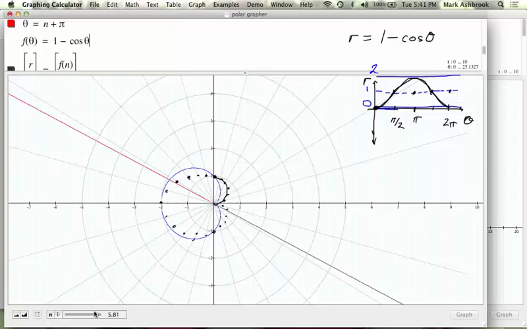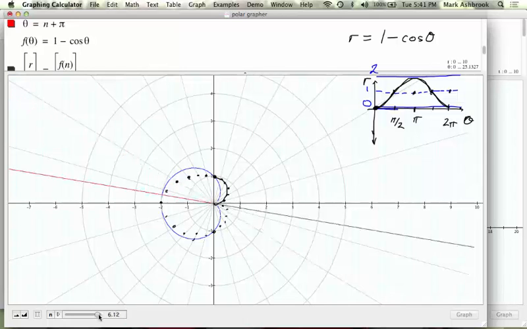So the right idea, but wrong points. Trust me, if you do what I did, that's 100%, okay? So you see what happens. It went out to 1 in the first quadrant, then out to 2 when theta got to pi, and then back to 1 from pi to 3 pi over 2, and then back to 0.